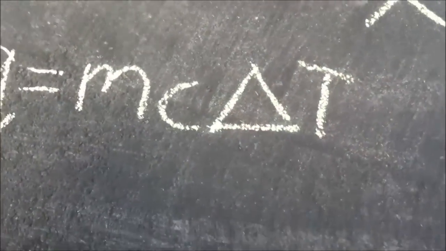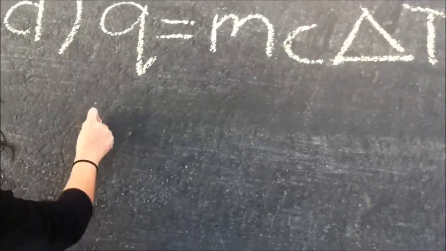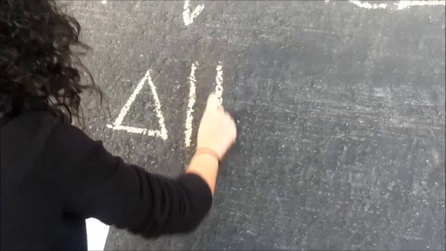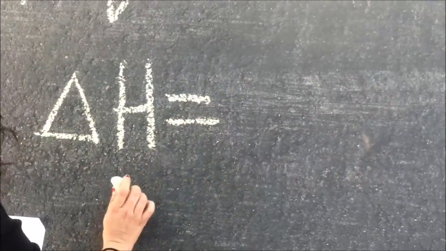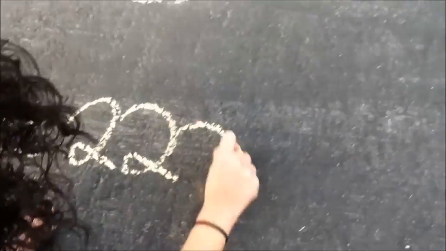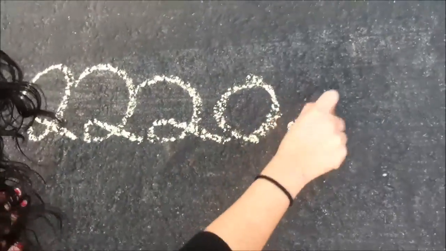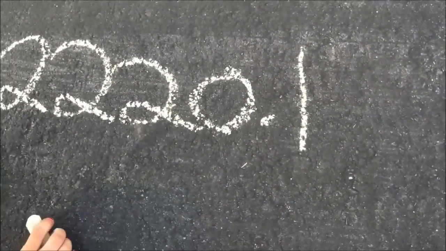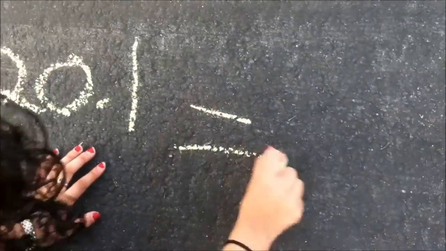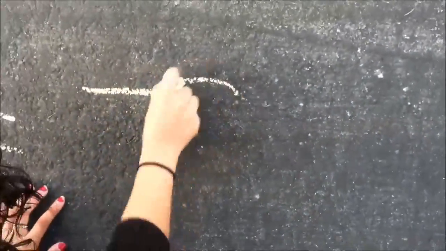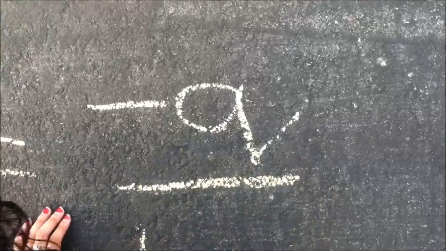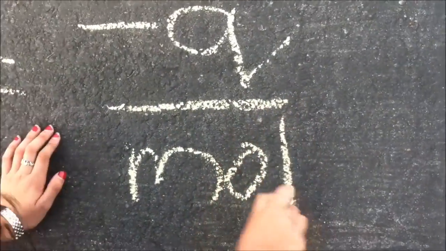You're going to use Q equals mc delta T. We know that delta H is 2220.1 and that is equal to negative Q over moles. Because we are trying to find the delta T, we have to find Q first to plug it in.